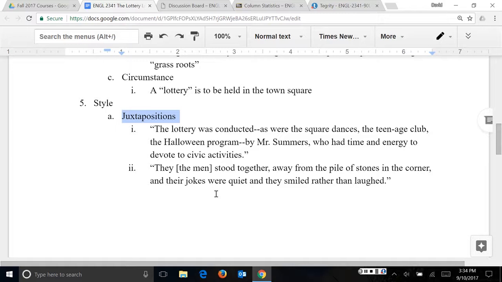Now, some of you seem to have some confusion about what a juxtaposition is, so let me just clarify that for you. A juxtaposition is any word or phrase that contains two elements that are being set side by side for the purpose of comparing or contrasting them.